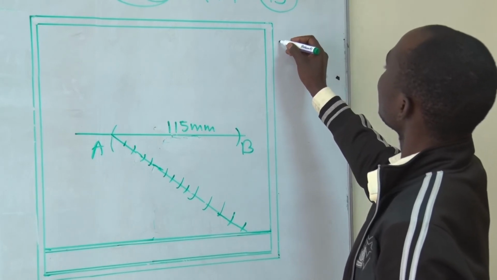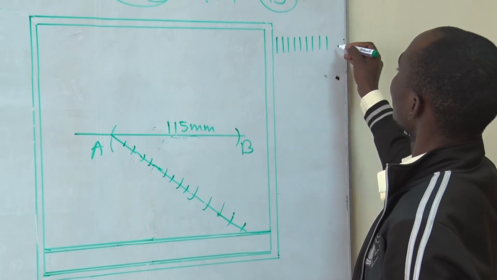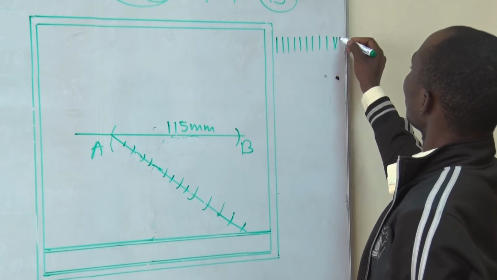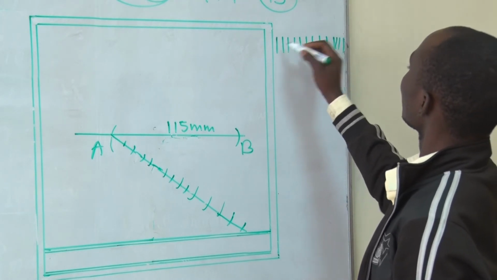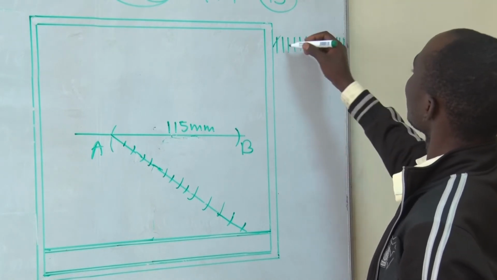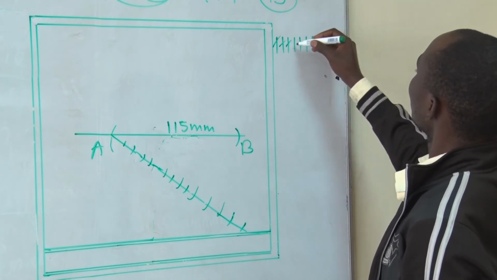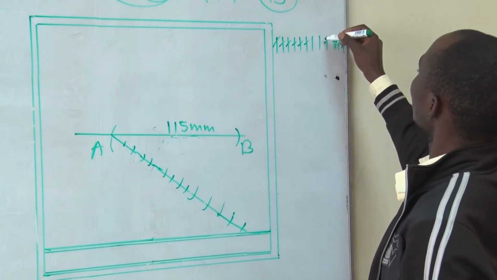Let's say, for example, you have been given 1, 2, 3, 4, 5, 6, 7, 8, 9, 10, 11, 12, 13. So to get the center, let's use the manual method. We have 1, this one cancels this, this and this, this and this, this and this, this and this.